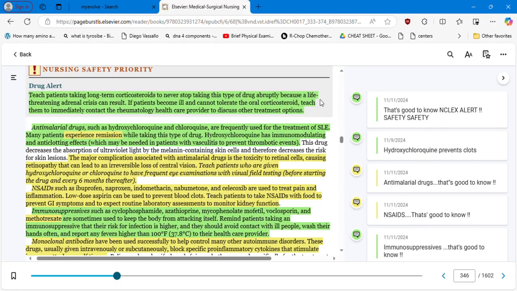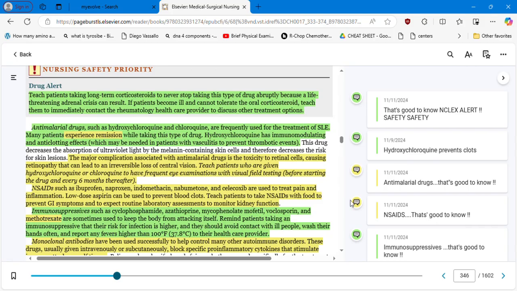We know that could be the first part in your teaching about corticosteroids. Never stop corticosteroids abruptly, okay? Because we want to prevent adrenal crisis. If the patient becomes ill and cannot tolerate the oral corticosteroid, teach them to immediately contact the rheumatology healthcare provider to discuss other treatment options. And that's good to know.